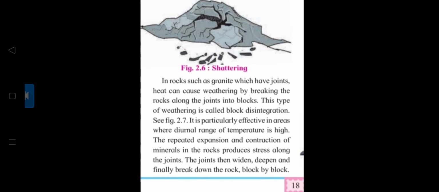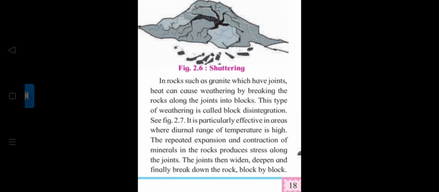You can see figure 2.6. So, shattering. Now, different rocks react differently under heat, water, carbon dioxide, or on coming in contact with oxygen.